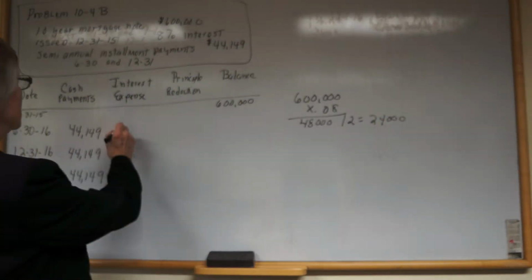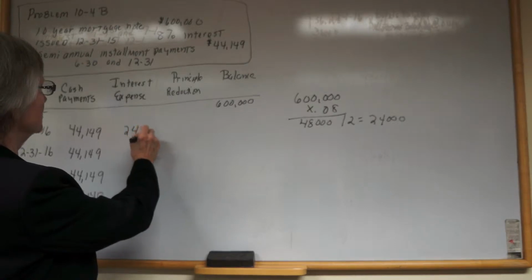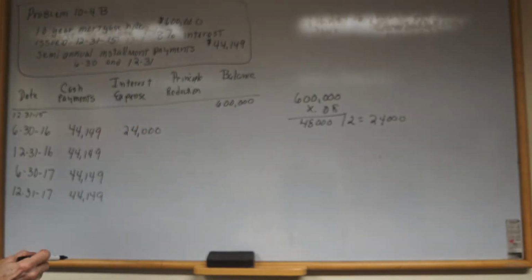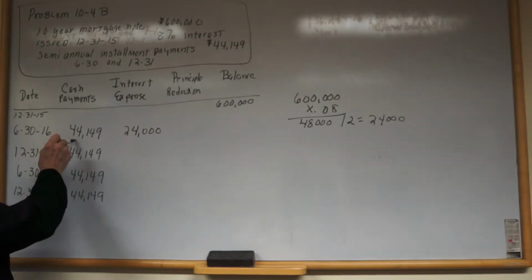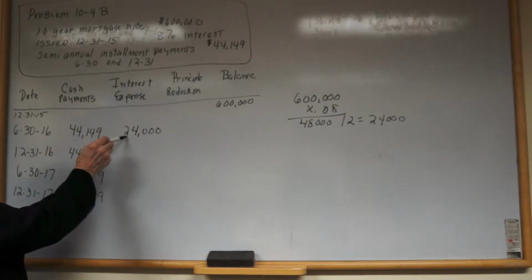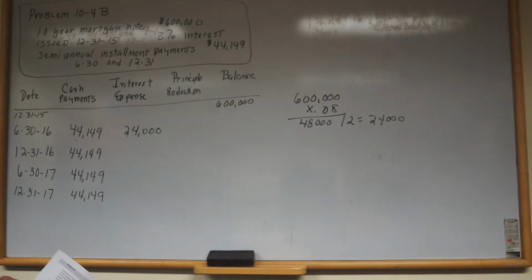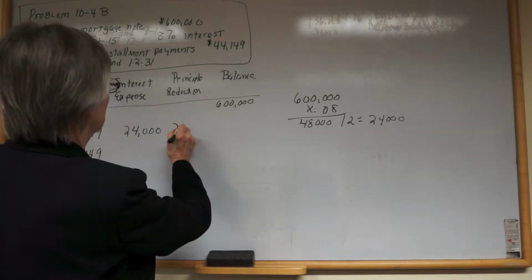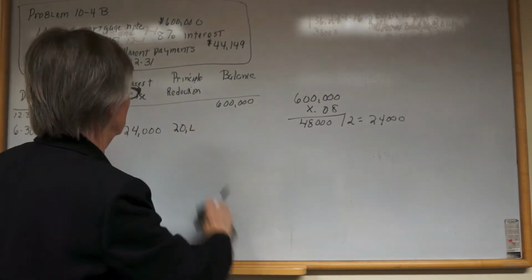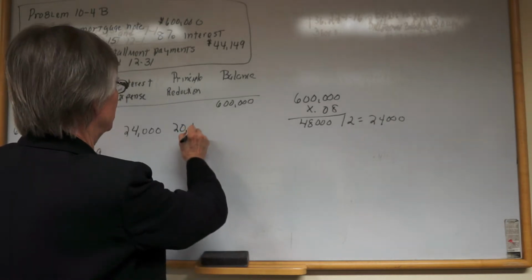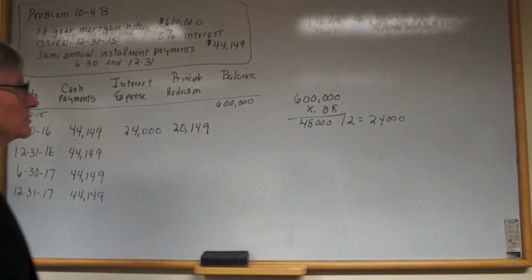So the first interest expense is $24,000. So if the whole payment was $44,149, and of that payment, 24 was interest, the rest must go to reducing the principal. And so $20,149 goes to reducing the principal.